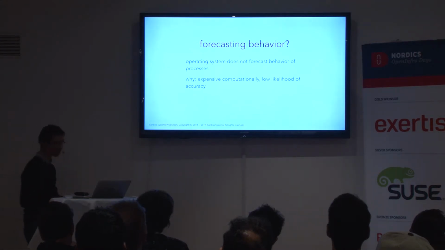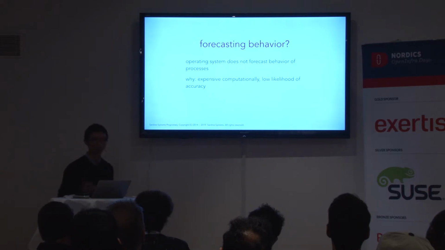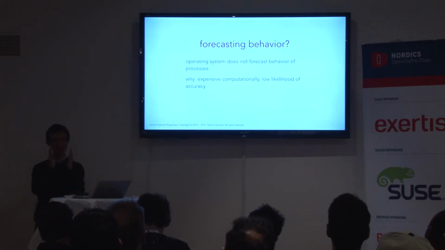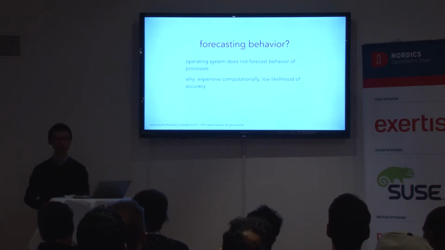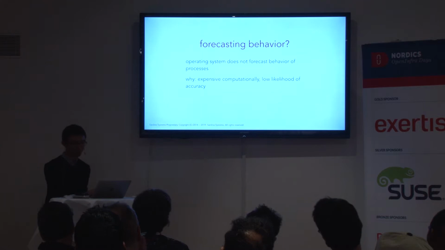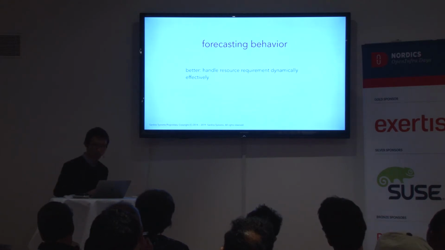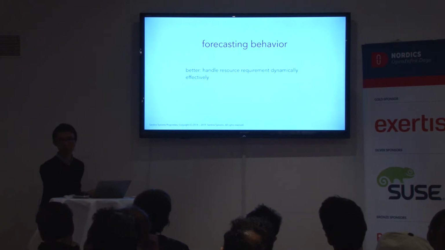That's proof that you do not try to forecast. You look at fairly short histories, and you then allocate accordingly. Why? Because it's computationally expensive, and your likelihood of getting it right is very low. So it's much better to handle the resource requirements dynamically.